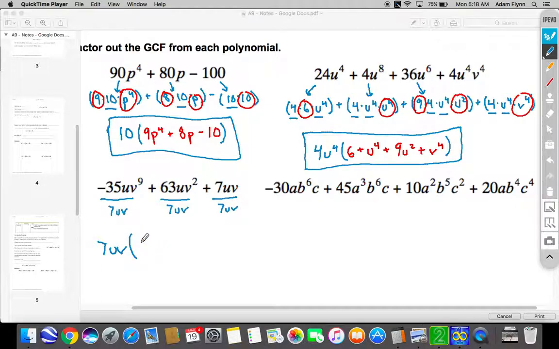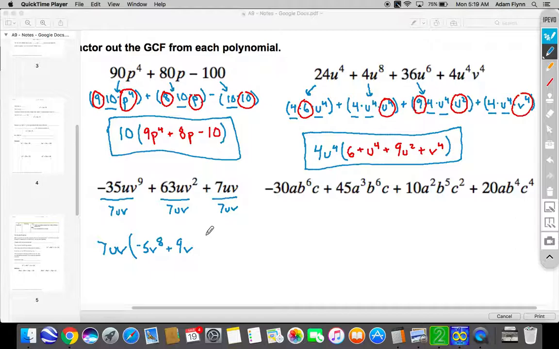So negative 35 divided by 7 is negative 5. U divided by u, they cancel, and v to the 9th divided by v is v to the 8th. Plus 63 divided by 7 is 9. U's cancel, and v squared divided by v is just v. And then I have 7uv divided by 7uv. Be careful here, okay?